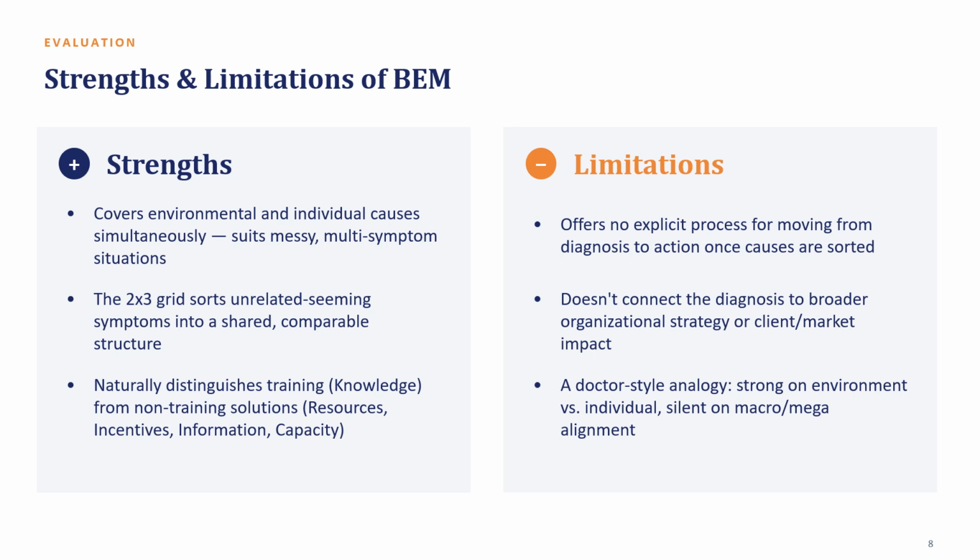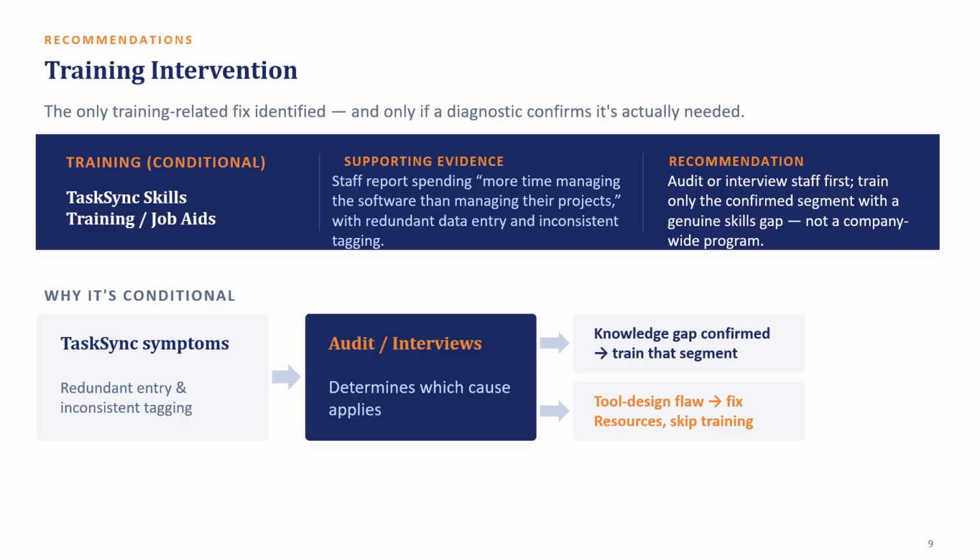However, it offers no explicit process for moving from diagnosis to action once causes are sorted. It doesn't connect the diagnosis to broader organizational strategy for client or market impact, and it adopts a doctor-style analogy that is strong on environment versus individual, but silent on the micro, macro, or mega alignment.